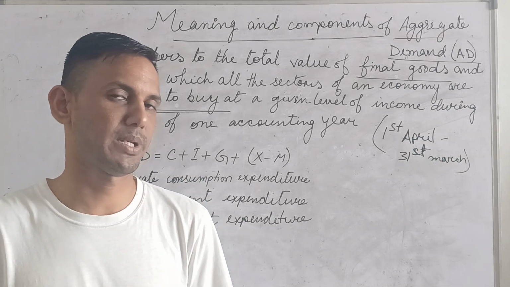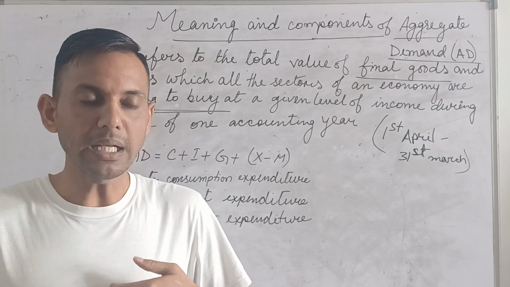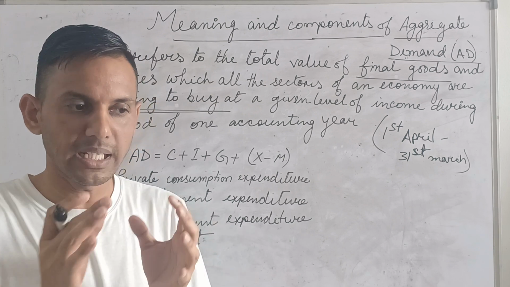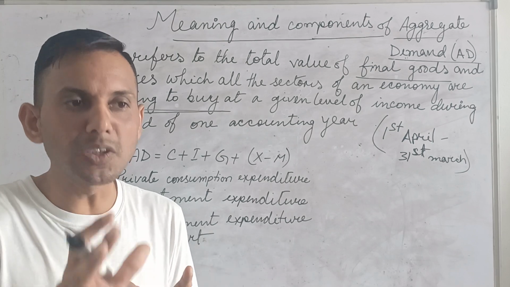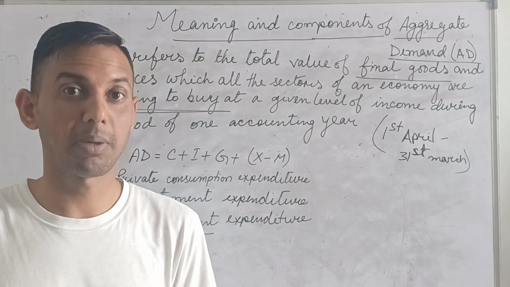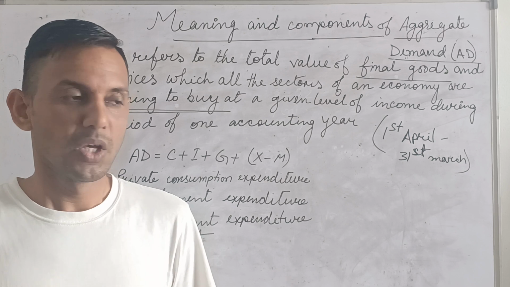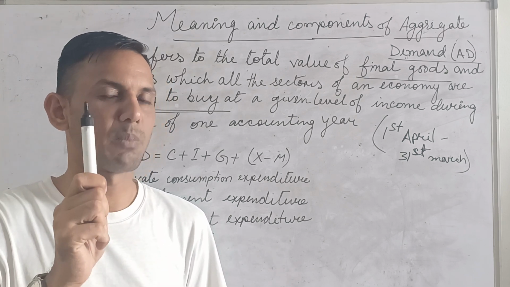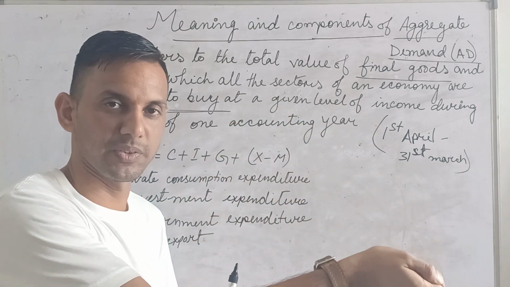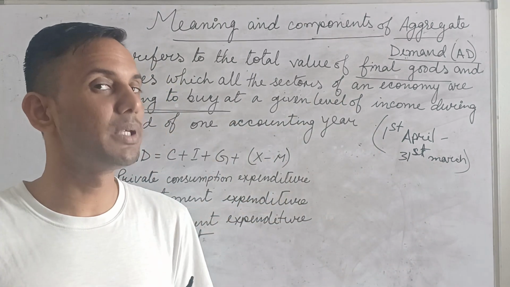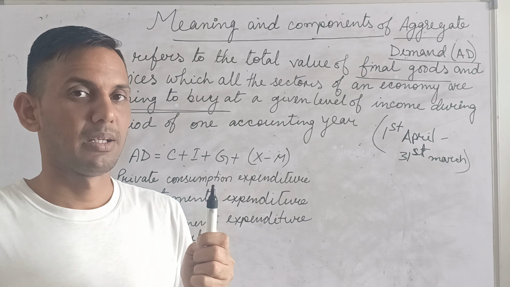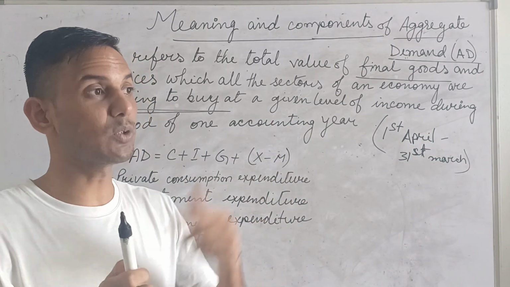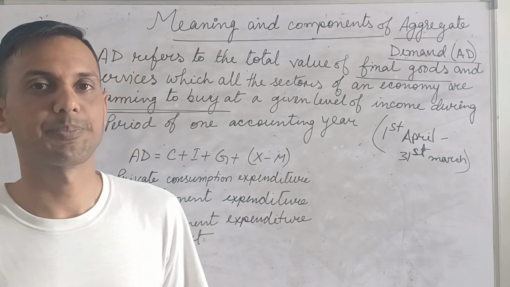Why aggregate expenditure? So what is demand? We already know that demand means willingness to buy with the ability to buy, purchasing power. So when I am using this marker, when I need this marker, it means I have to pay 20 rupees, then that seller will give me a marker. So when I paid 20 rupees for this marker, that 20 rupees was my expenditure.